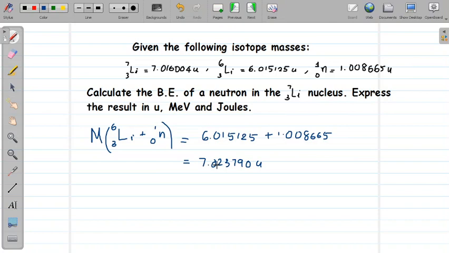So this is the mass of a lithium-6 nucleus and a neutron taken together.